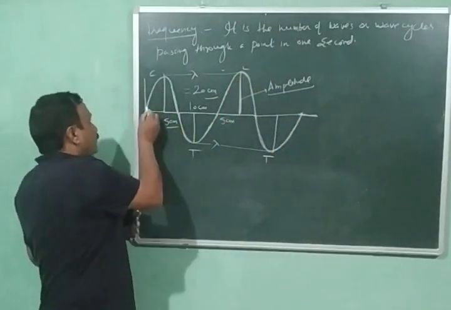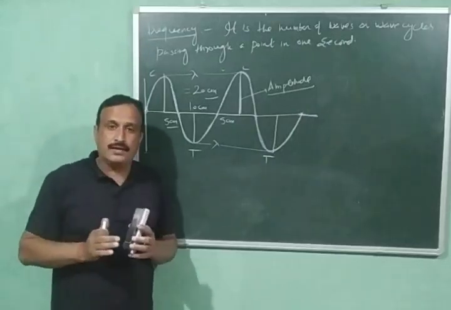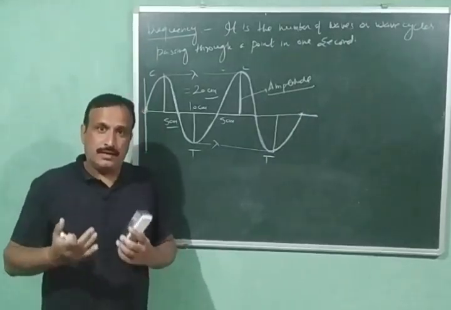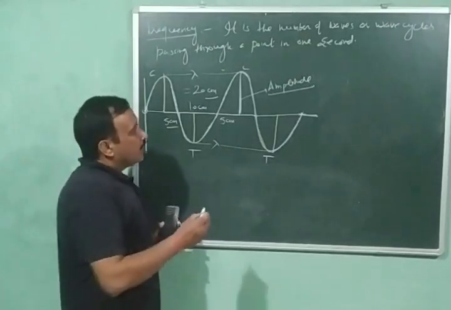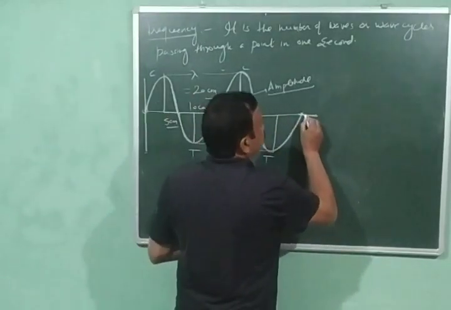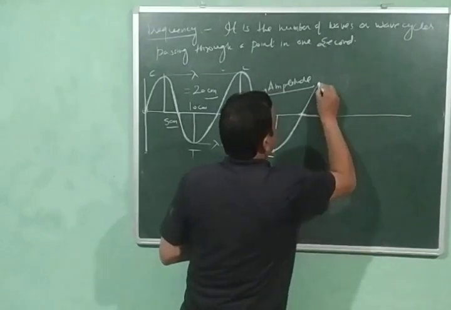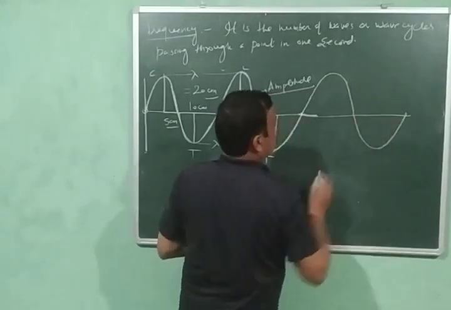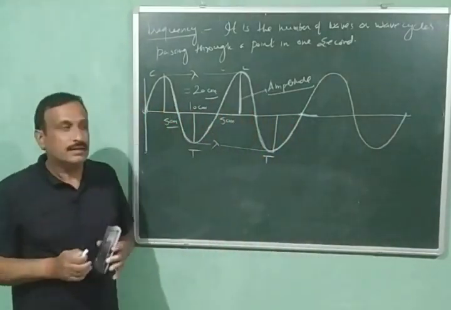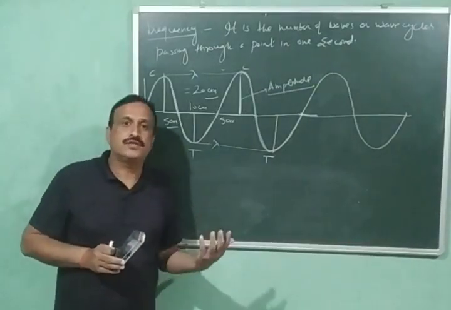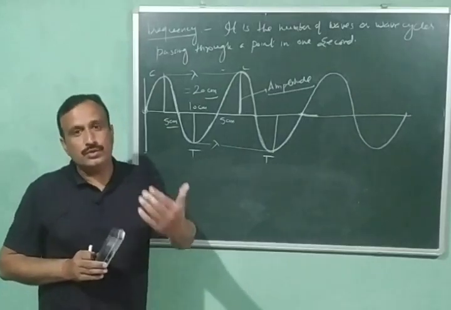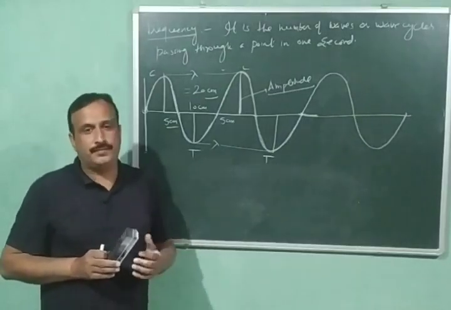So if two cycles are passing through this point in 1 second, then the frequency will be equal to 2 cycles per second. And if we have another cycle here in this way, now how many cycles are passing through this point in 1 second? 3 cycles. Then the frequency of the wave will be equal to 3 cycles per second.